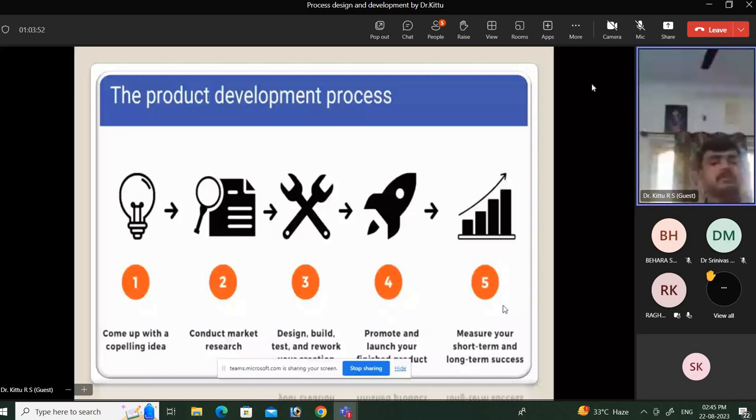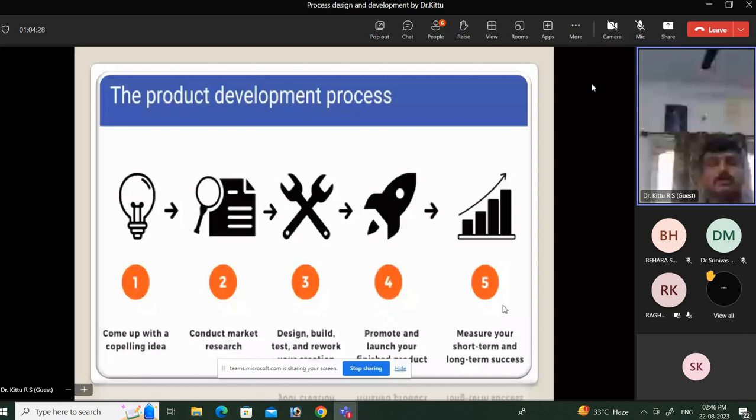Based on the idea you generated, you can make a design, build and test such designs. If there are loopholes or drawbacks in the design, you can go for rework also at the third level. Then on the fourth stage, you promote and launch the idea or the designed product you made.